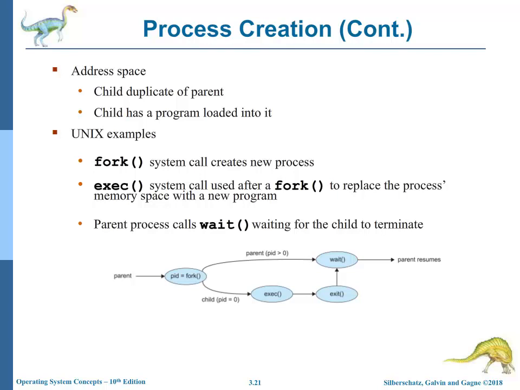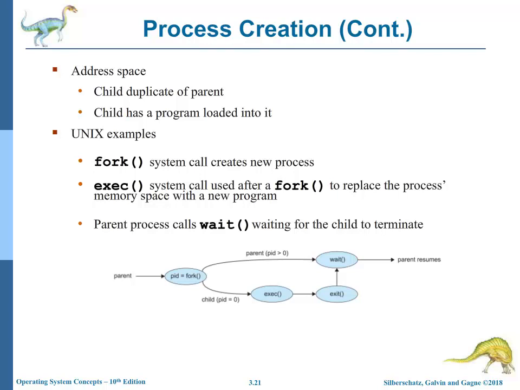After a fork system call, one of the two processes typically uses the exec system call to replace the process memory space with a new program. The exec system call loads the binary file into memory and starts its execution.